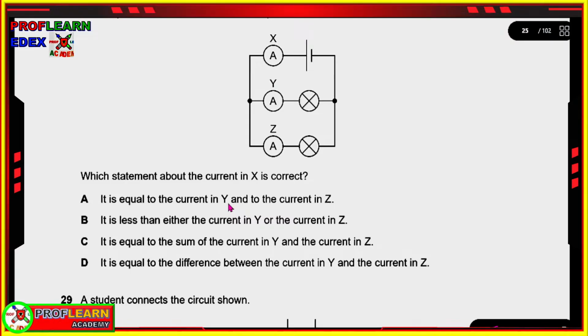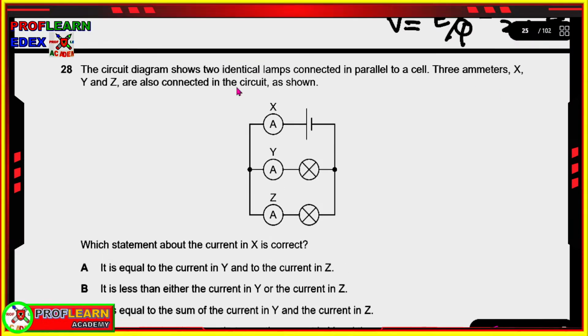Not quite. Less than either the current in Y or the current in Z. That's not true. This is going to be the total current flow in the circuit. Current will flow in that direction, and the moment that current reaches here, it is going to split.